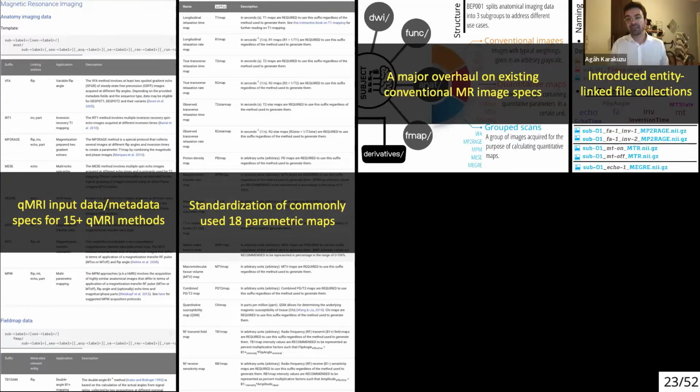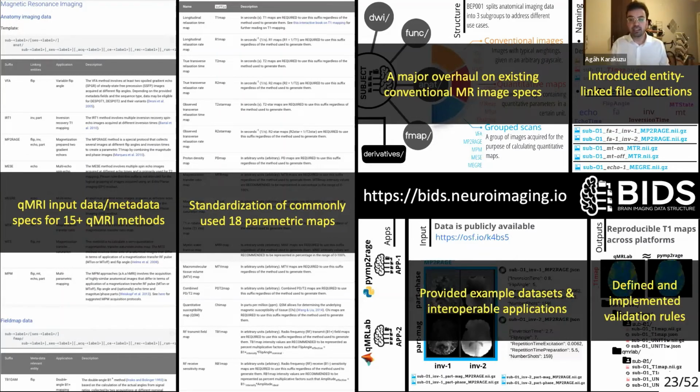Then we introduced a common principle of file collections, which is then used by other modalities as well. We provided example datasets and interoperable applications. And finally, we implemented all these changes in the BIDS schema for the BIDS validator to recognize and validate these datasets. You can see the whole specification at this link.